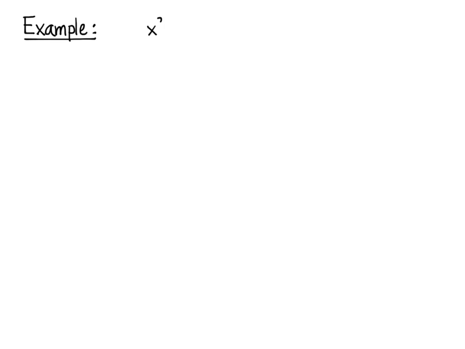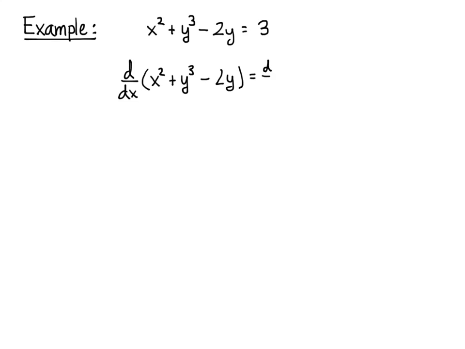Okay, so let me give you another example. This is the first one that I showed you, that thing that looks like an omega. And so I'm going to take the derivative of this. I'll mark both sides d/dx to indicate that I'm actually taking the derivative. And now I'm not going to bother to write each individual term of d/dx. I'm just going to take the derivative of each individual term.